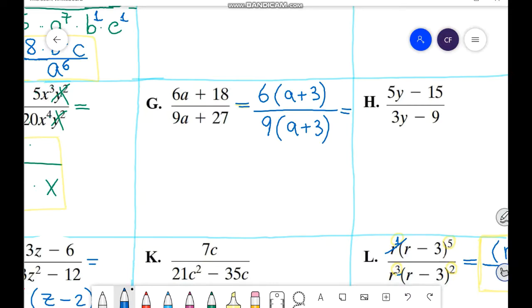Now we have a plus 3 on the denominator and on the numerator that we can simplify. The answer equals 6 over 9. But 6 over 9 we also can simplify. You can divide by 3, both numerator and denominator. 6 divided by 3, 2. 9 divided by 3, 3. That is the simplest answer, the simplest fraction, or the final answer for letter G.